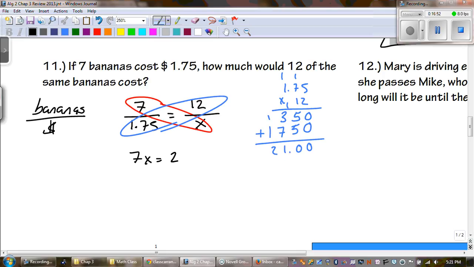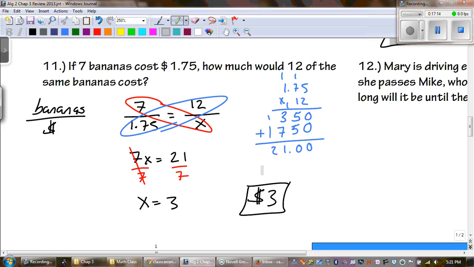Okay, we get 21. Since it's $21, you don't really need to do that. You can if you want to. I'm going to skip that part. To solve for x, you divide by 7. And we get that x would equal 3. And the key thing is to know that you're talking about dollars. So your final answer needs to have that dollar sign.